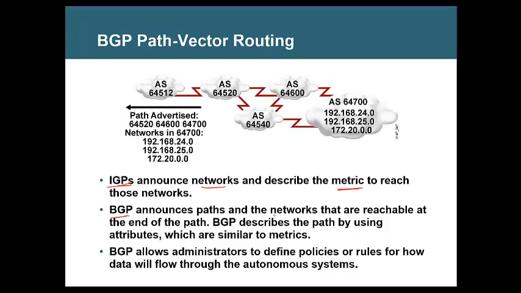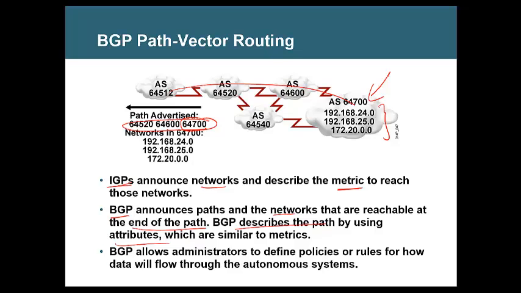BGP announces the path for the network that is coming from another autonomous system at the end of this path. This is the end of 64700. In that end, these are the networks. And it describes the attribute. See, this is the AS path attribute. It describes the path via which it has come. This is one of the attributes. AS path. AS path means what? Autonomous system path.